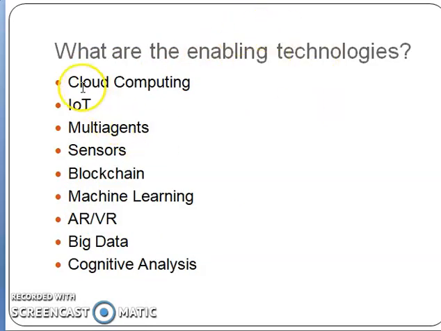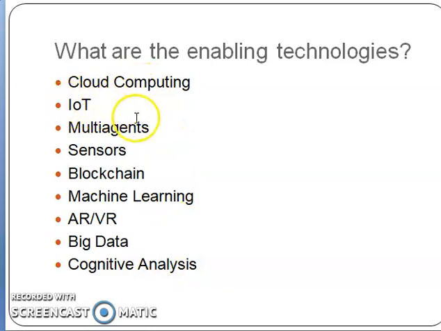The enabling technologies: cloud computing, IoT, multi-agent, sensors, blockchain, machine learning, AR, VR, big data, cognitive analysis. These are the various enabling technologies which are required for the effective implementation of a digital twin.